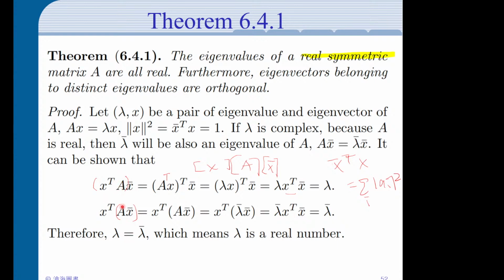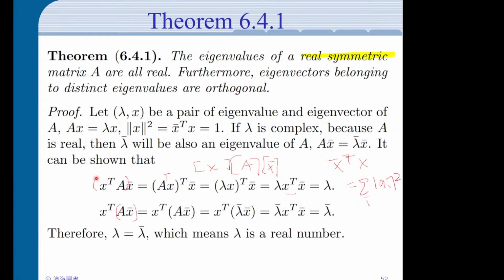You have an eigenvalue and eigenvector pair, and then you consider this quantity that sandwiches A between two eigenvectors: X transpose A X bar. You can look at this in two ways. You see that this is lambda times X transpose X bar.